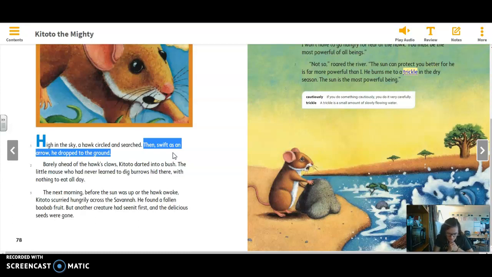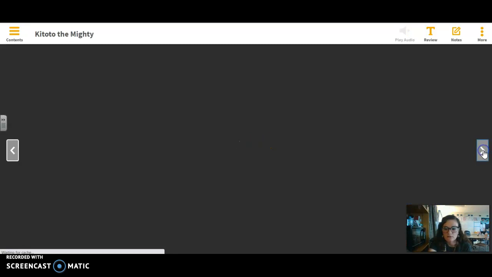So how does that help us to understand this story better? As swift as an arrow. I think that the author is trying to tell us just how quickly the hawk was moving without saying the hawk was really fast. It was as swift as an arrow. So that is going to be part of your work in your work page today.